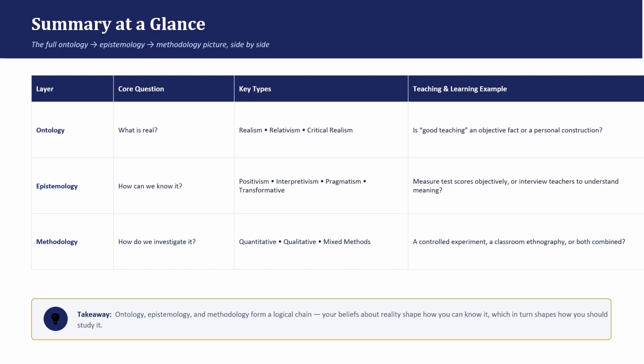Under methodology: a control experiment, which comes under quantitative research; classroom ethnography, which is qualitative research; or both combined, that's mixed research. Now you see, we have an inseparable relationship among the things that we have discussed. Good. And in our next video, we will talk about research methodology further.